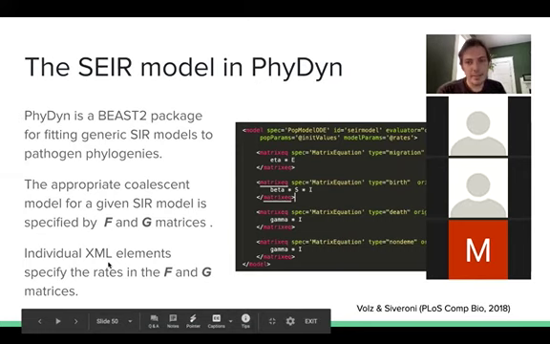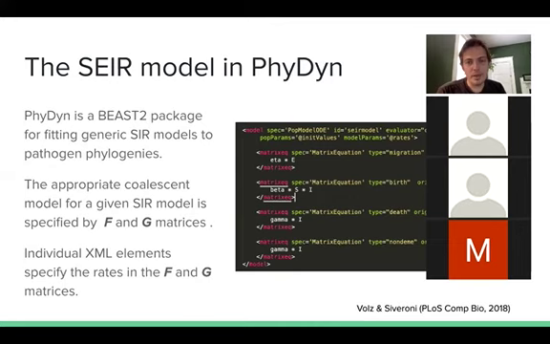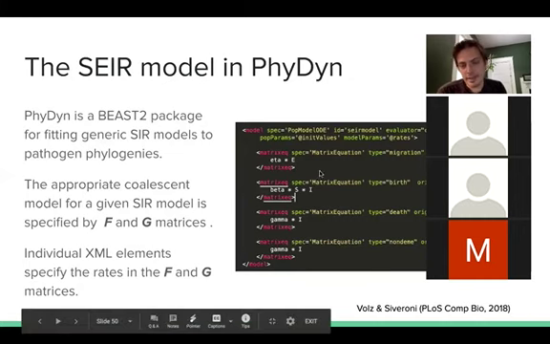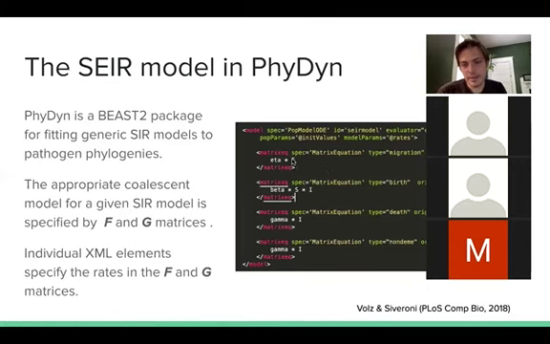So basically, it becomes very simple to fit any type of SIR model that you're interested in to a tree in BEAST, because then we just have to specify what these individual elements are in these F and G matrices. And we input these rates in these XML elements, very similar to how we put the individual reactions into our XML last week in MASTER.